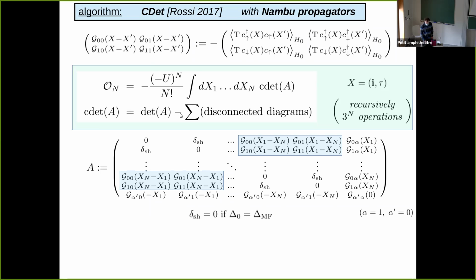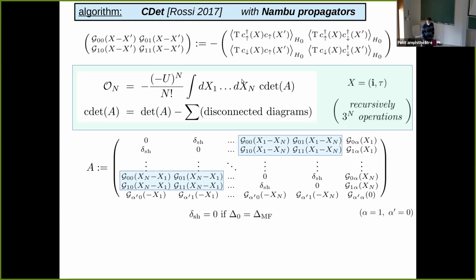So a few words about this CDET procedure. The idea is the following. You have to compute this O_n, say for the order parameter, which is the sum of all connected diagrams of order n.